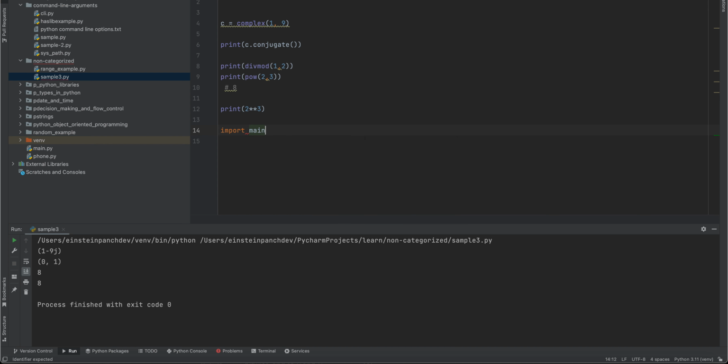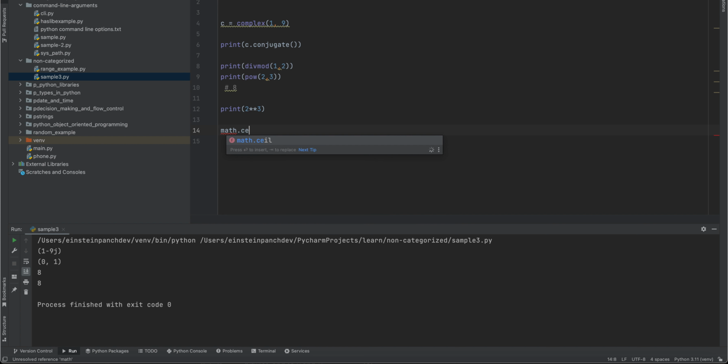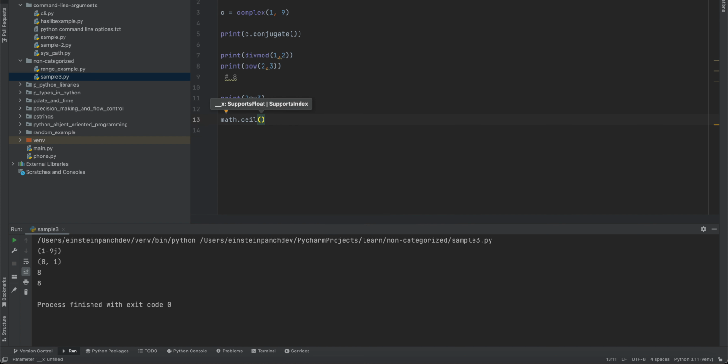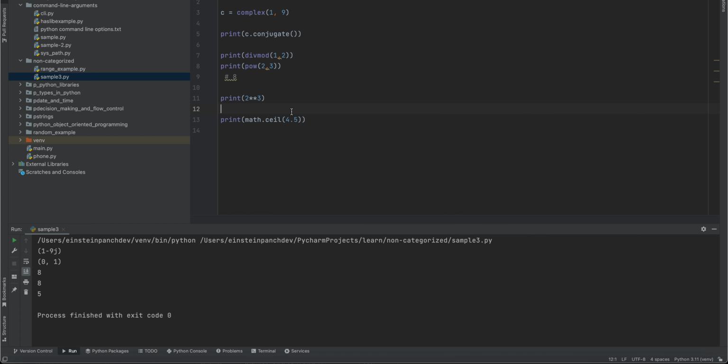Import math. math.ceil of 4.5, and let's print, so it should be 5.